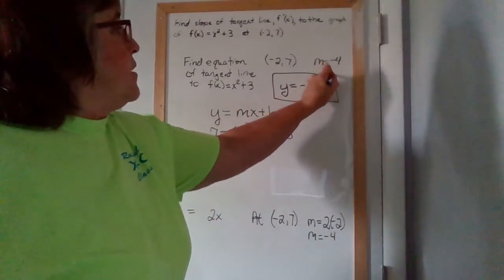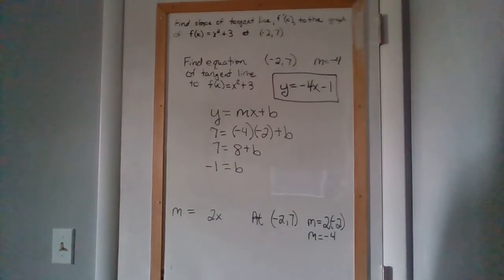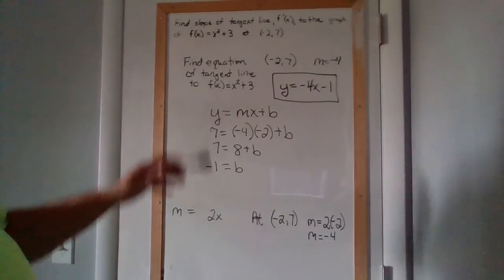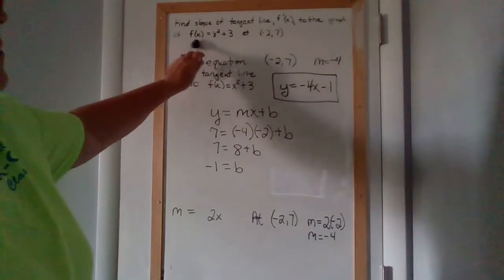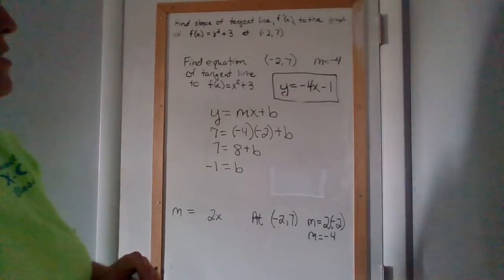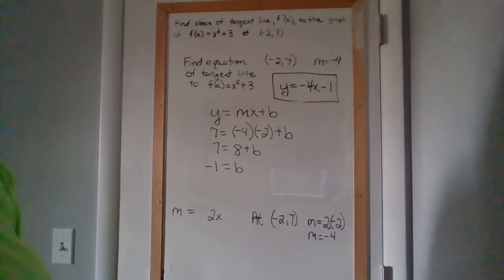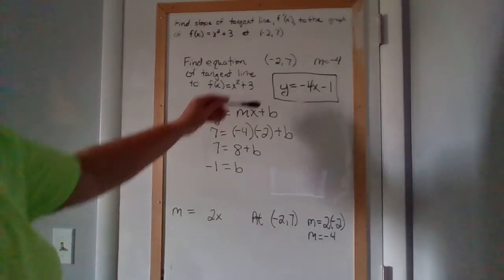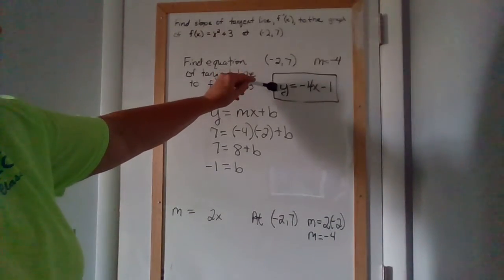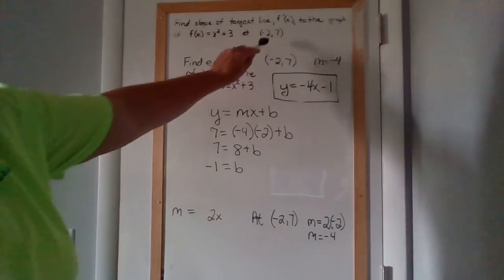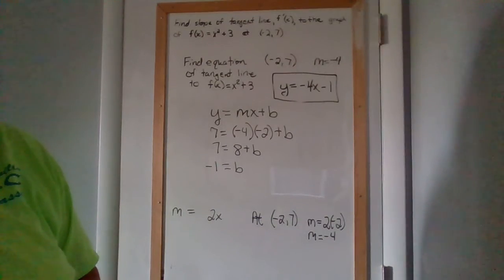And if you do have a graphing calculator available, or if you wanted to get on Desmos, you could see this graph, the parabola, and this line, your tangent line, would have one point in common. That one point would be the -2, 7, and that's what makes this a tangent line. You were able to find the equation of that line knowing just the ordered pair -2, 7.